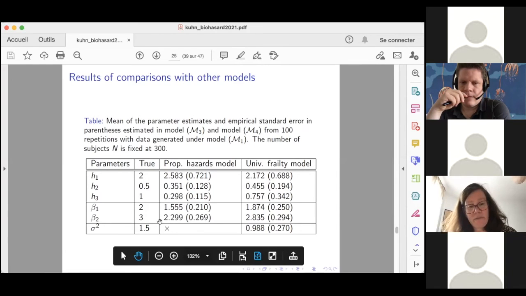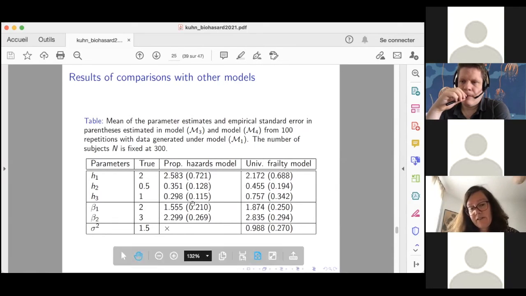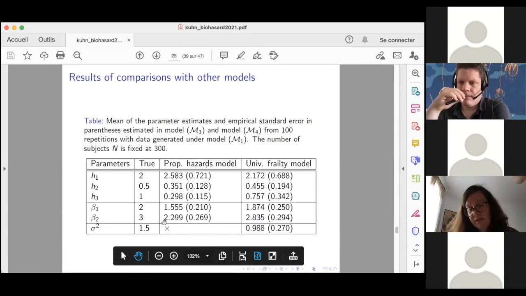It means that the conclusions you draw from the interpretation of this estimation can be wrong, because you will see how covariates 1 and 2 affect the hazard, and the estimation of these coefficients is not good.